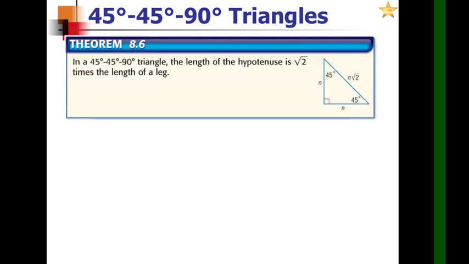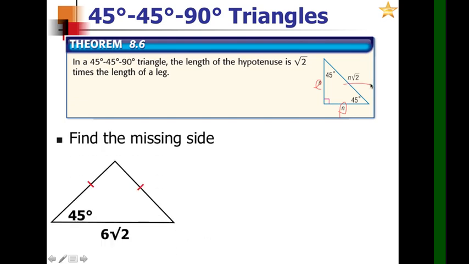Theorem 8.6. In a 45, 45, 90 triangle, the length of the hypotenuse is the square root of 2 times the length of the leg. So we have, let's say, n for the legs. Okay, so we have n, and then n square root of 2.